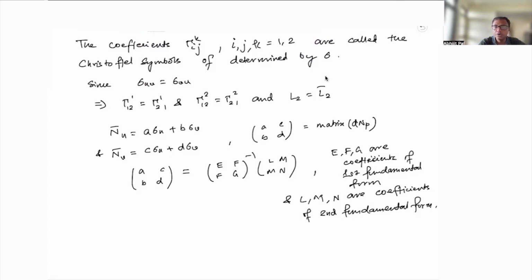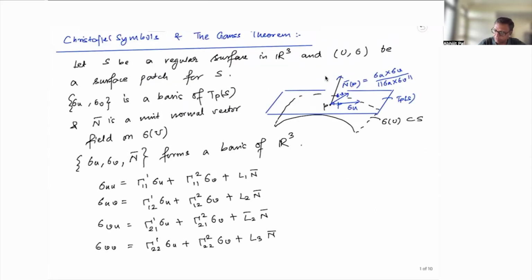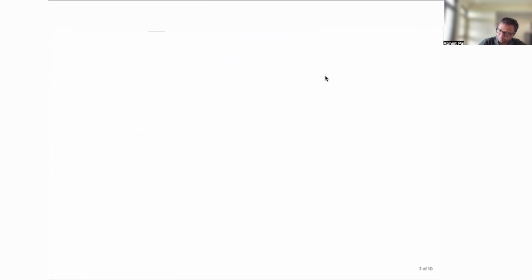In order to determine the Christoffel symbols, we take the inner product of these four equations with the tangent vectors sigma u and sigma v. Okay, so now what we will get is the following.